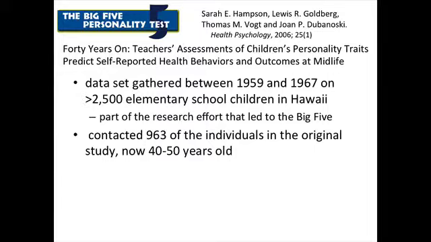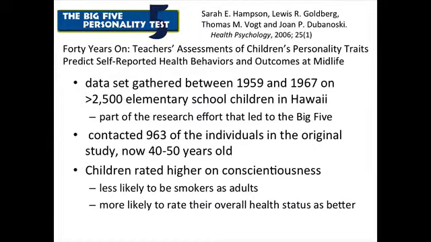They found a significant association between certain of the Big Five traits exhibited as a child and health behaviors as an adult. For example, children who were rated by their teachers as higher on conscientiousness were less likely to be smokers as adults and more likely to rate their overall health status as better.